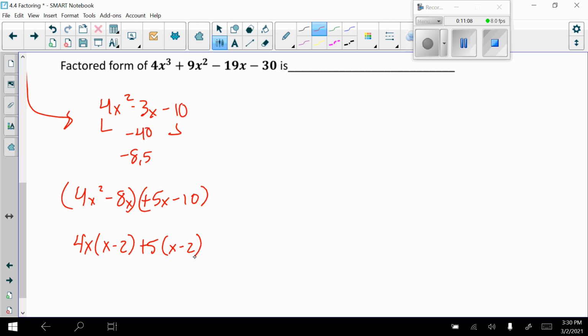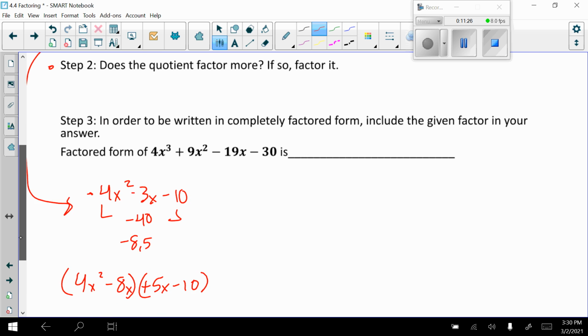Okay, so then my factor equation is the repeated factor, x minus 2, times the two GCFs put together, 4x plus 5. So here's my factored form of just that one quadratic up here. So it's x minus 2 and 4x plus 5.